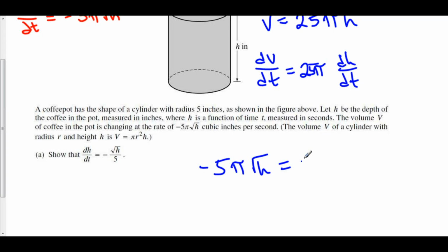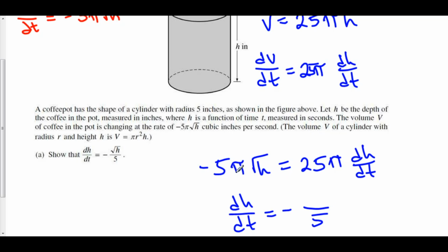This is equal to 25 pi dh/dt. And when you divide everything by 25 pi, dh/dt becomes negative 5 over 25, which is negative 1 over 5. Pi over pi cancels out, and we have the root h on top. You get the exact same answer.